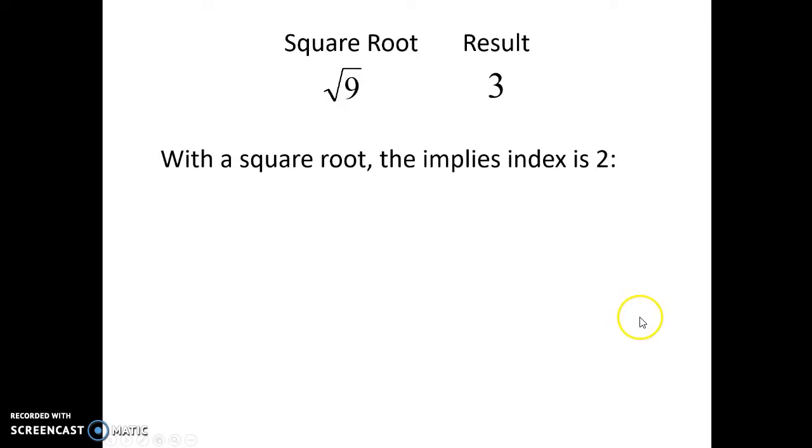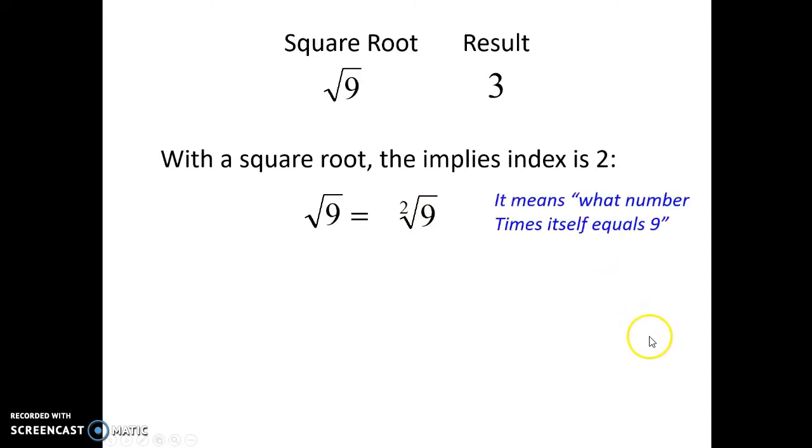With a square root, the implied index is 2. We talked about that in lecture yesterday. If you don't see a number here, we assume it's a square root. And a square root means what number times itself equals 9, your radicand. Well, we know that's 3.